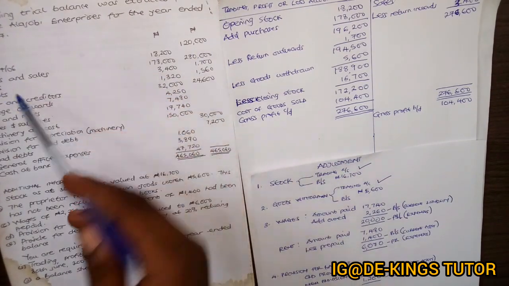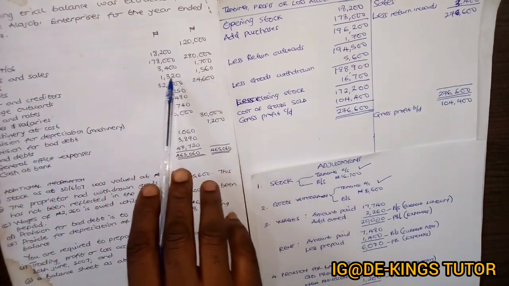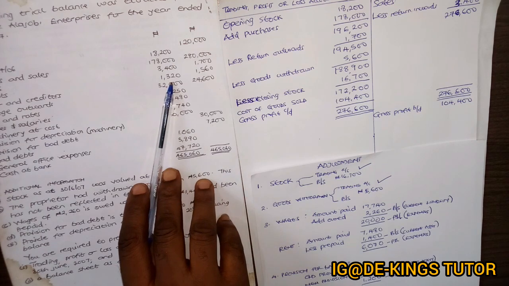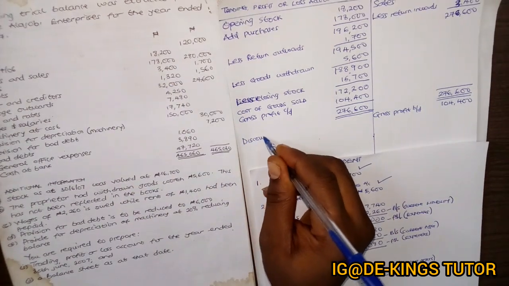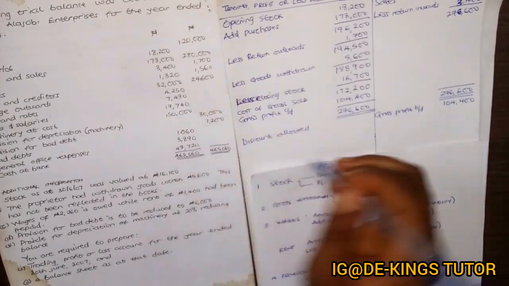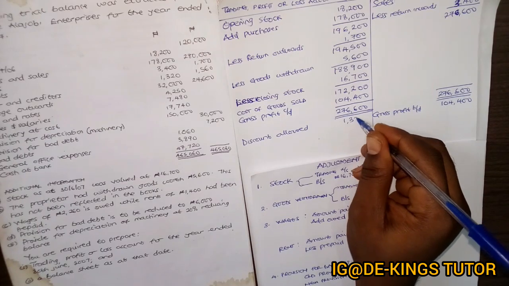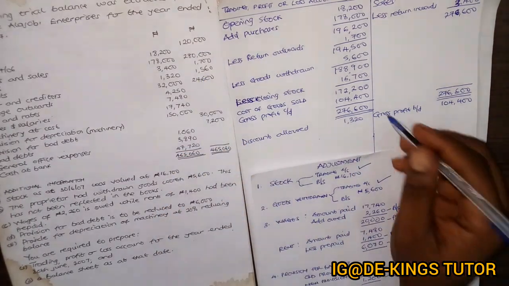For the expenses, we have discount, both at the debit and credit. The discount at debit is always the discount allowed. So right here, discount allowed 1,320 naira. Now the one at the credit is discount received.